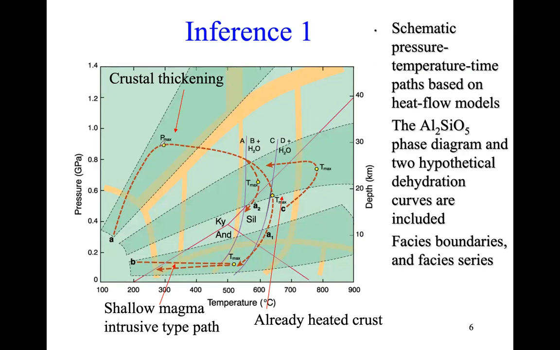So these are some examples of PTT paths. Let's see the first one. This is indicated as a crustal thickening PT path, right? Crustal thickening means you have a certain thickness of crust, and due to metamorphism, mostly caused by collision, right?